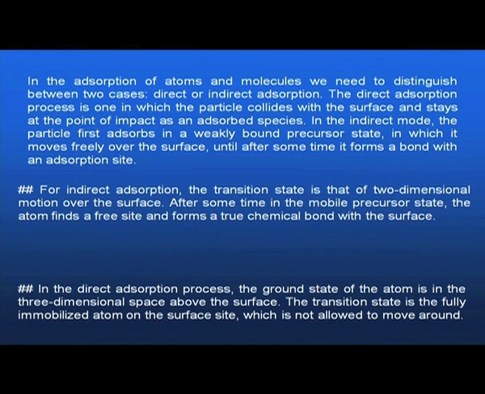One is called direct adsorption, another is called indirect adsorption. The direct adsorption process is one in which the particle collides with the surface, maybe the metal surface, and stays at the point of impact as an adsorbed species. That means the moment the molecule or the atom hits the surface, it gets a position.